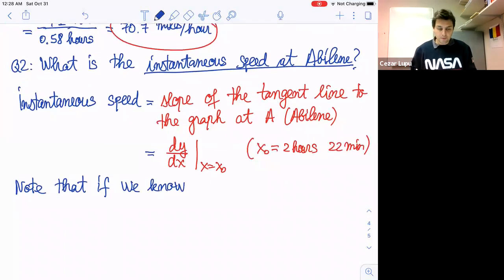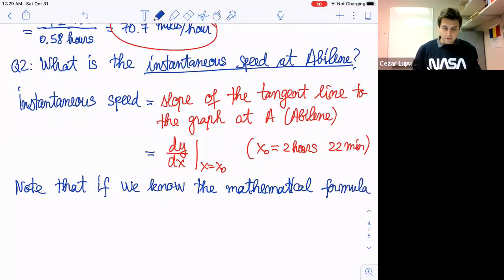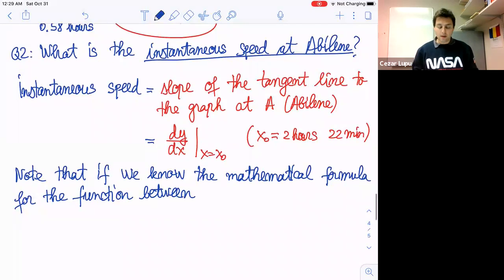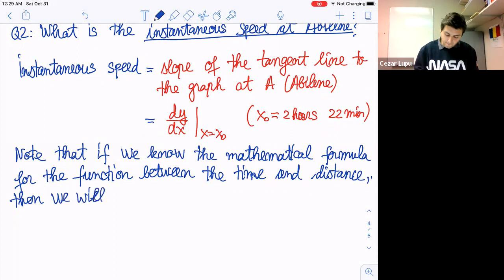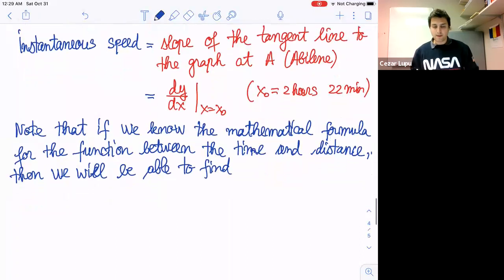But if we know the mathematical formula for the function between the time and the distance, then we will be able to find the related derivative.